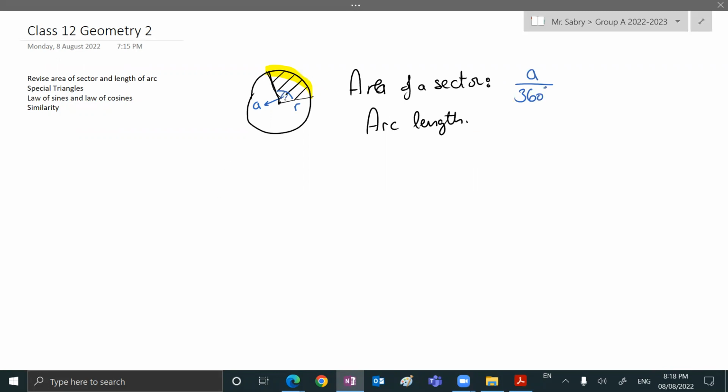So this angle over 360 is equal to the area of the sector over the whole area of the circle, which is pi r squared. And the same rule: the angle over 360 equals the length of the arc over the length of the whole circle, which is 2 pi r. So the upper rule goes for the area, the lower one goes for the arc.